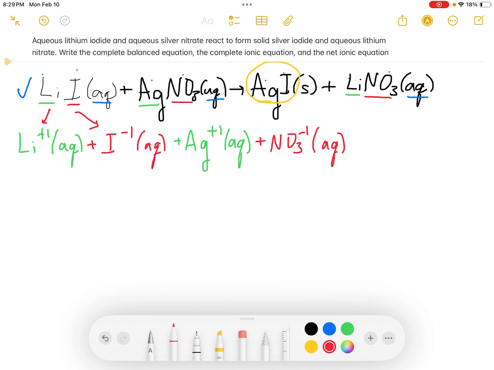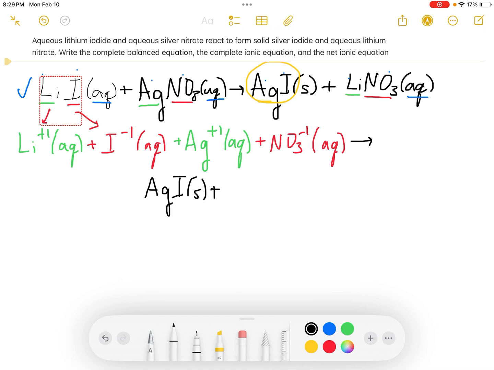And then that is going to react to form, I'm going to have to go down to the next line here, silver iodide, which does not get broken up into ions because it is a solid.